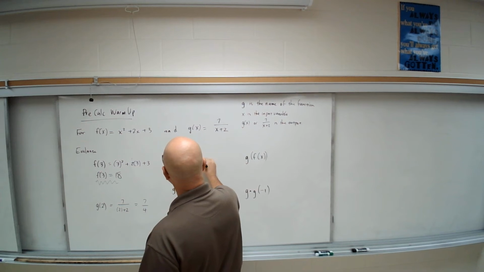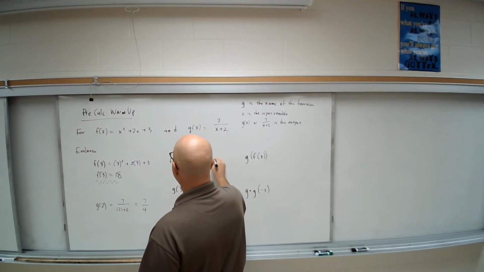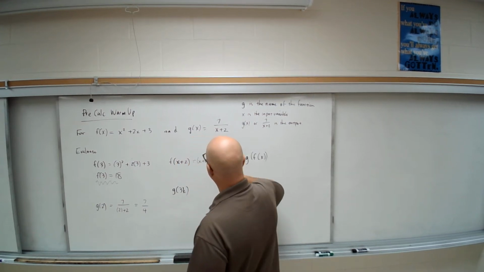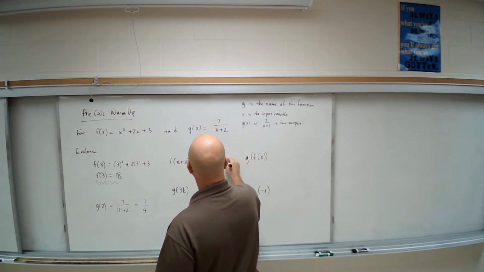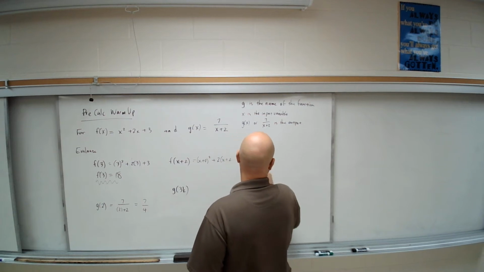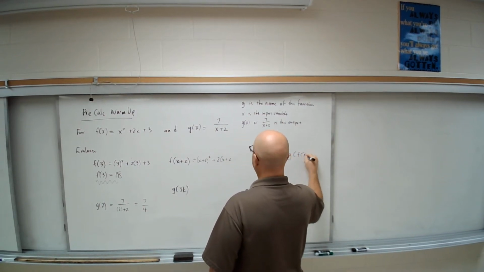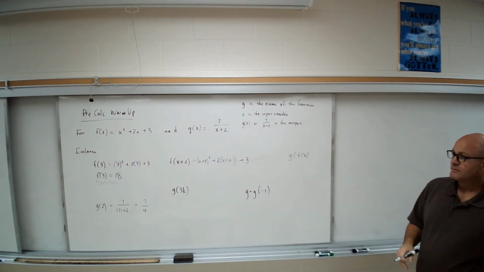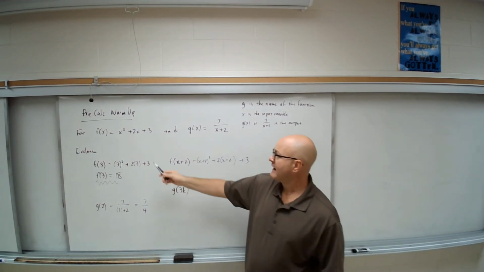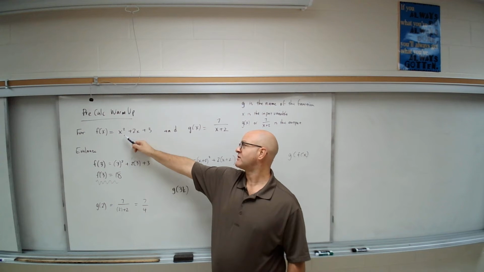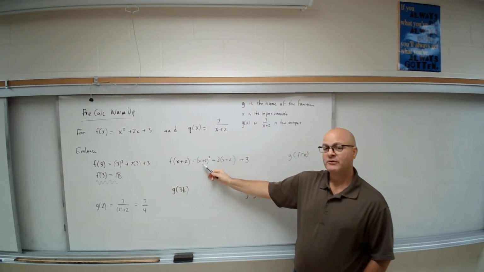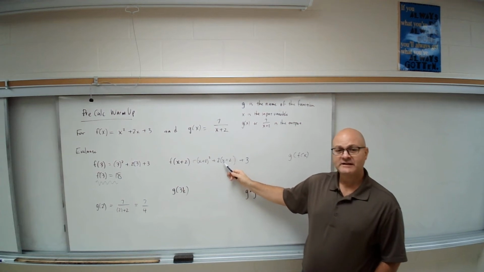So we get (x plus 2) squared plus 2 times (x plus 2), and then plus 3. Again, we took the original rule for f of x. It says take the input squared plus 2 times the input plus 3. So we took the input squared plus 2 times the input plus 3.